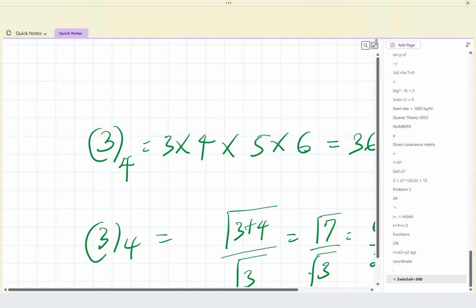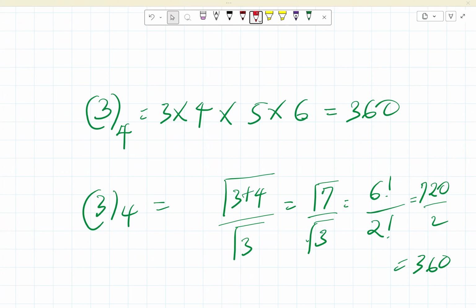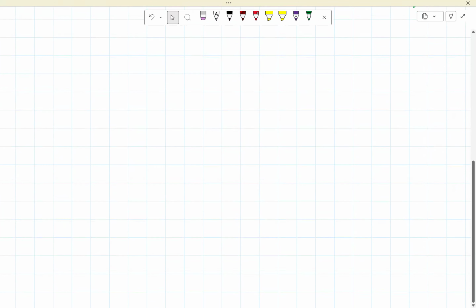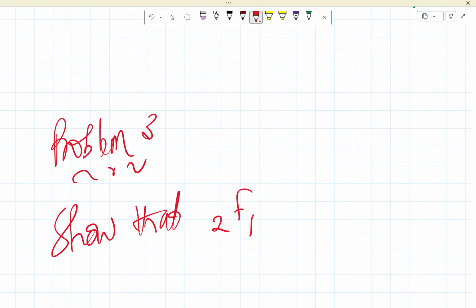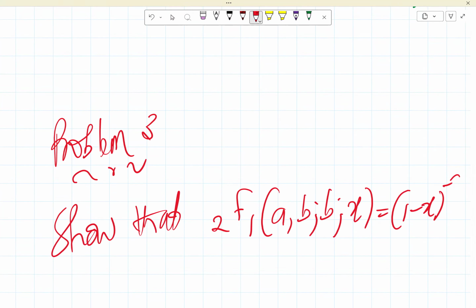So we have problems 3 and 14. Let's take problem 3 for starters. Problem 3. You want to show that 2F1 of a comma b semicolon b semicolon x is the same thing as 1 minus x raised to the power minus a.